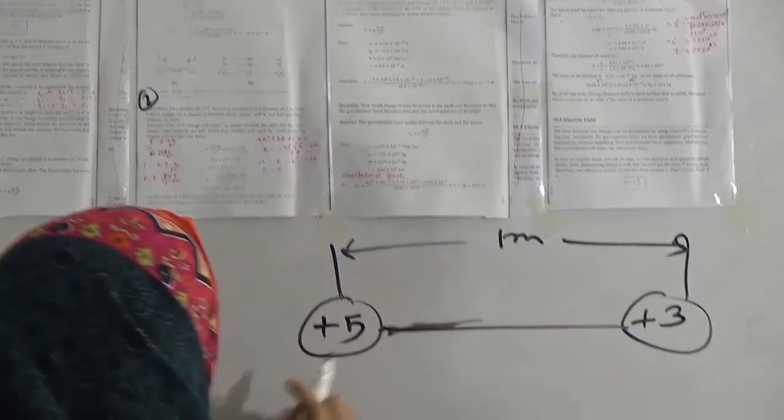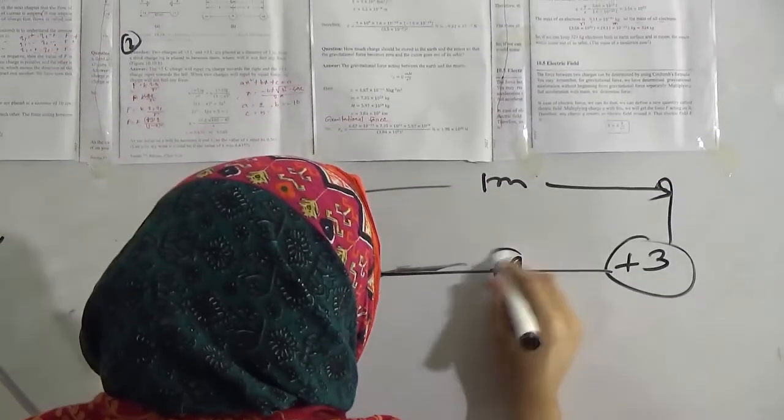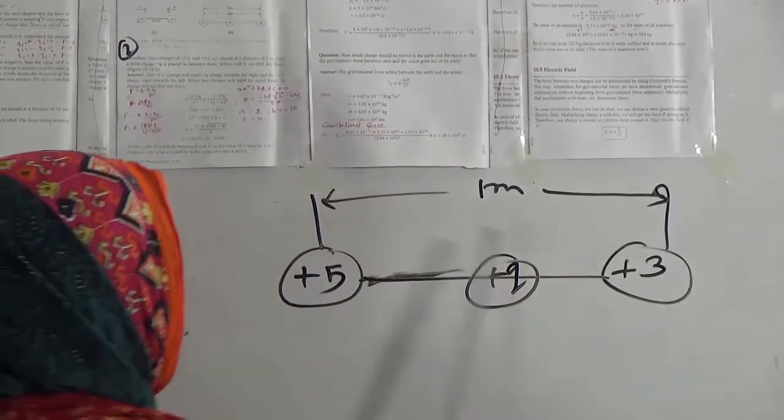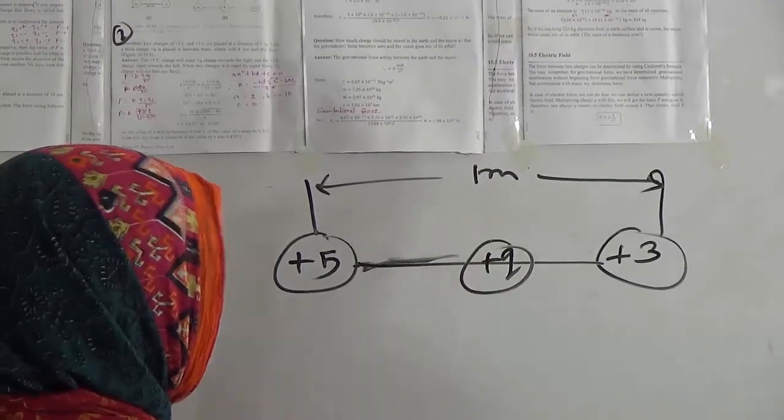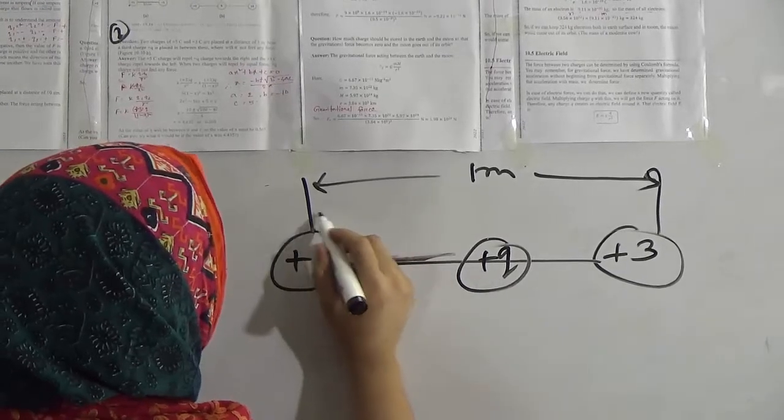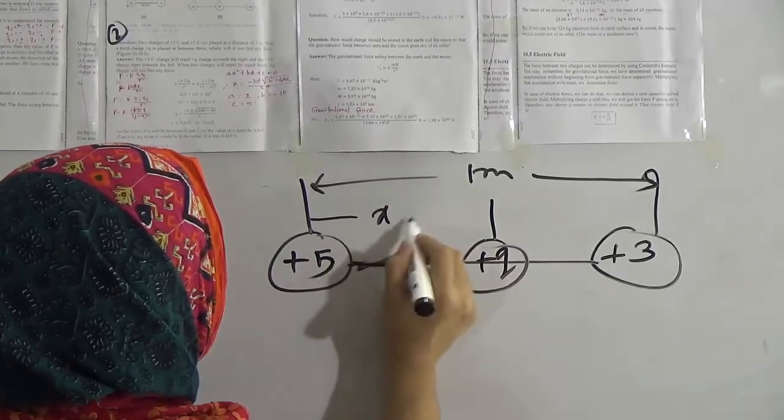Okay, my dear students, this is the plus Q charge. Suppose the distance between the 5 Coulomb charge and the plus Q charge is x.